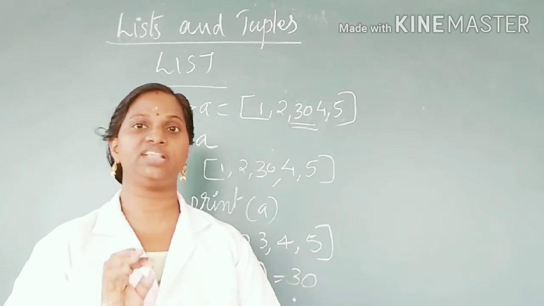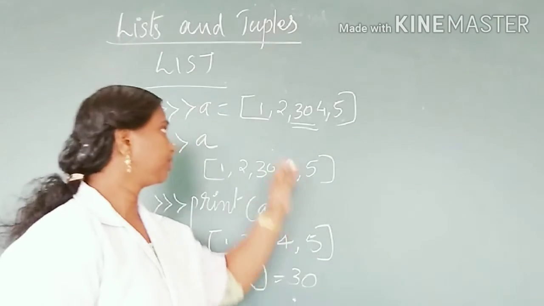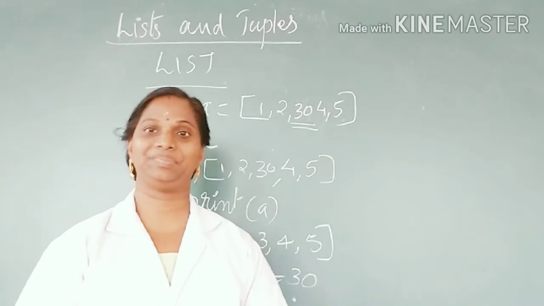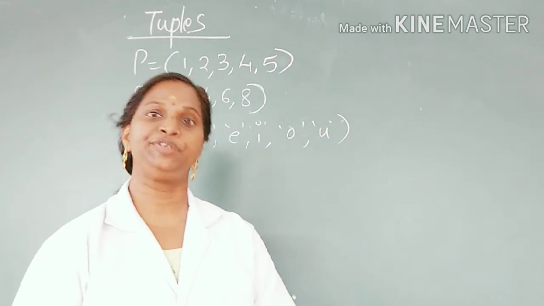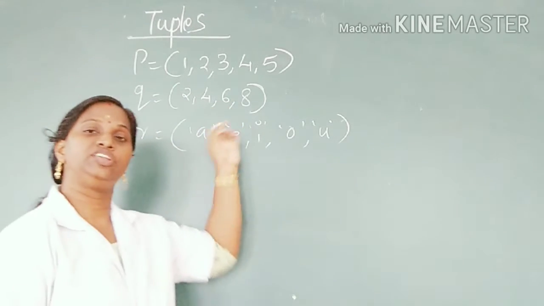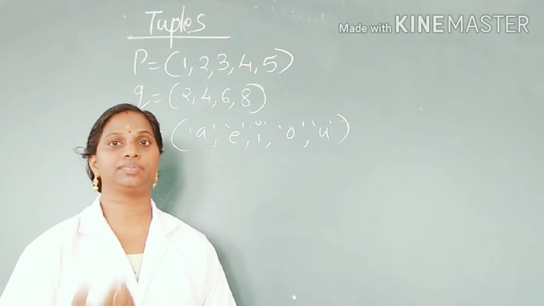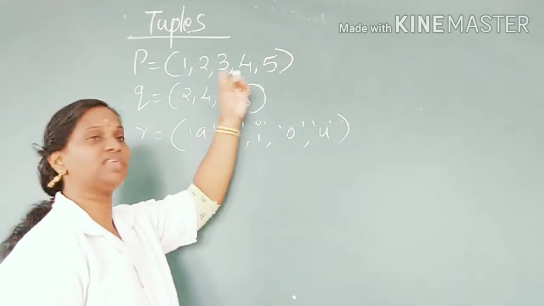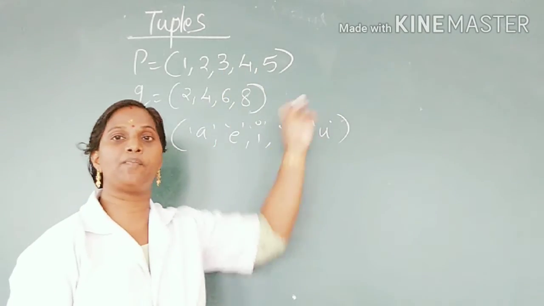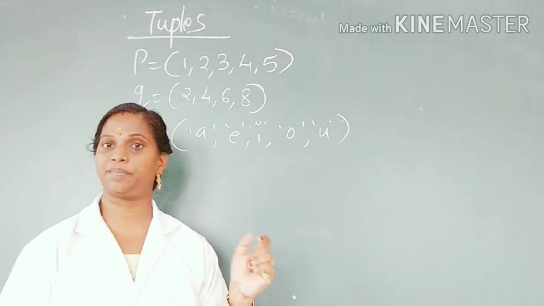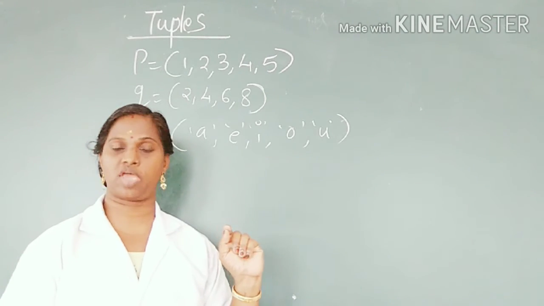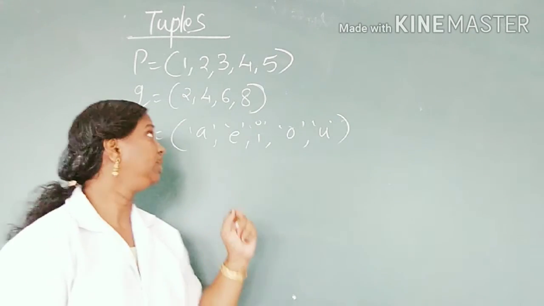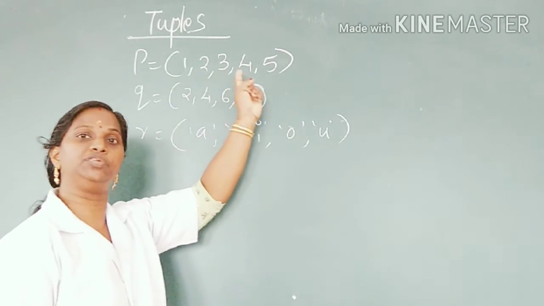That means you can change the value of the list elements. Next one is tuples. Children, tuples are just like lists. All are comma separated values, but these are included in between parentheses. List is represented in square brackets and tuples in parentheses. For example, P is equal to 1, 2, 3, 4, 5.